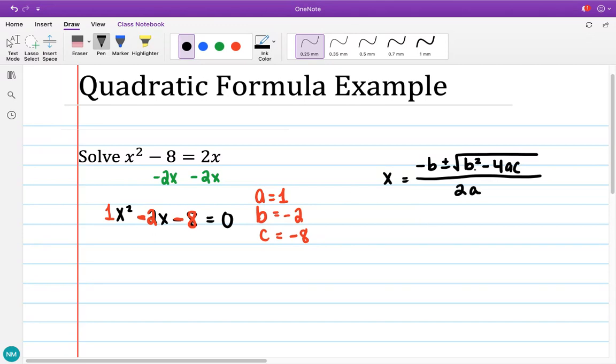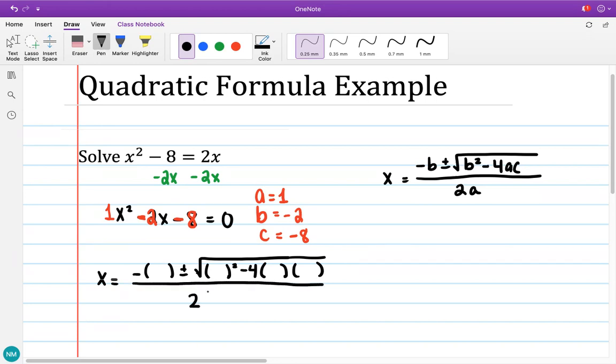So it's just a plugging in game. So what I always do is I do x equals negative blank plus or minus the square root of blank squared minus 4 times blank all over 2 blank. This helps modify it.